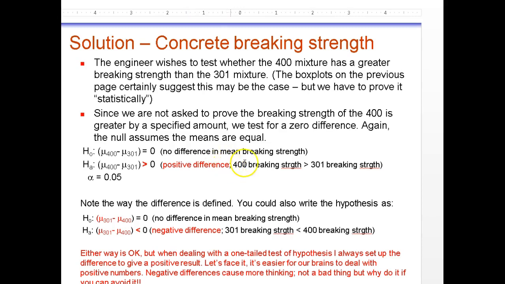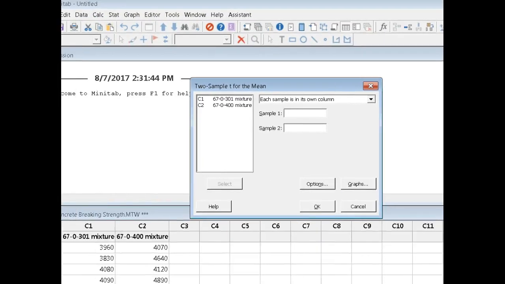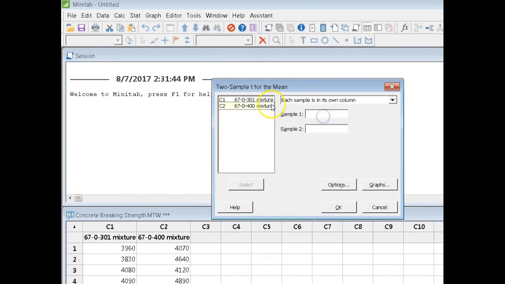The question is whether the 400 breaking strength is larger than the 301 breaking strength. As practice, you should set up your differences as positive. It just makes it easier on your brain. So coming back into Minitab, I'm going to pick my 400 mixture first, so Minitab will take the 400 mixture minus the 301, sample 1 minus sample 2.